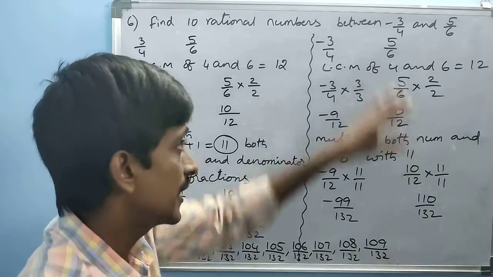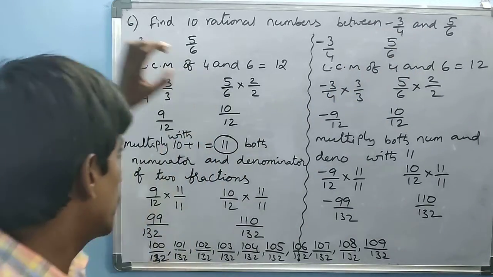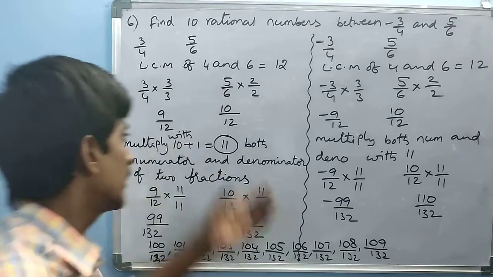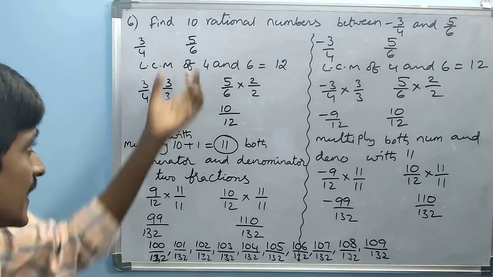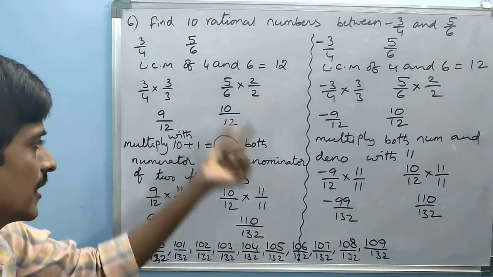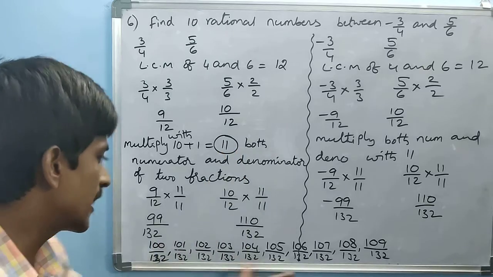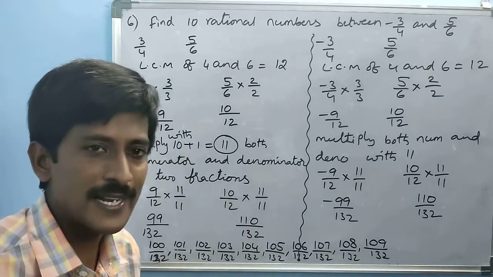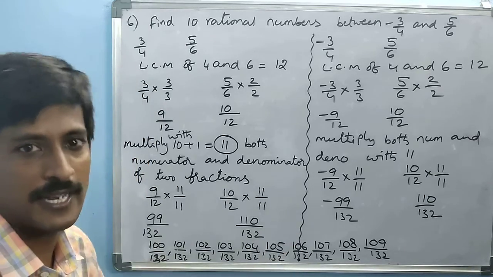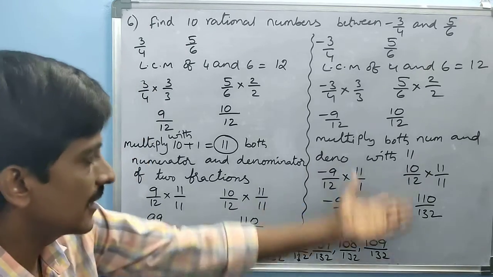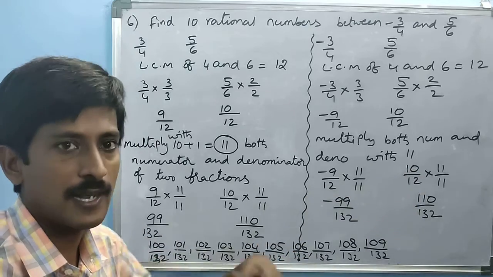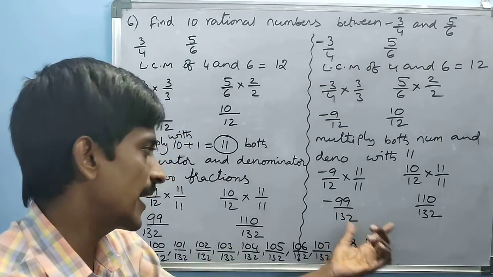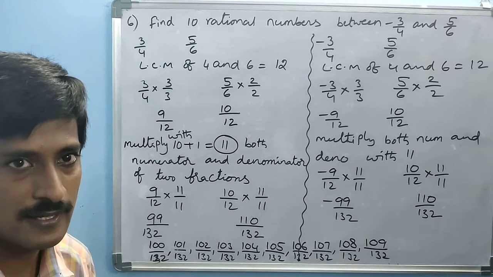Here minus and plus is given. If both numbers are positive or both are negative, and you need 10, multiply with 11 and it gives exactly 10 rational numbers. If you need a certain number of rational numbers, you get the same count. Otherwise, if one negative number and one positive number is given, you will get many more numbers.